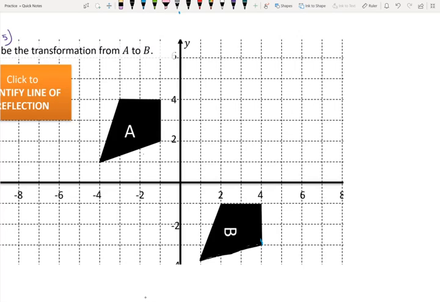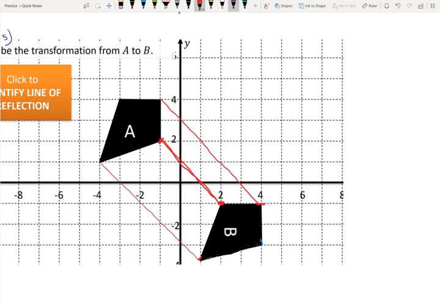Let us join first the vertices. So this vertex has this as its reflection, or its point of symmetry. This is also the same, and this one here also the same.